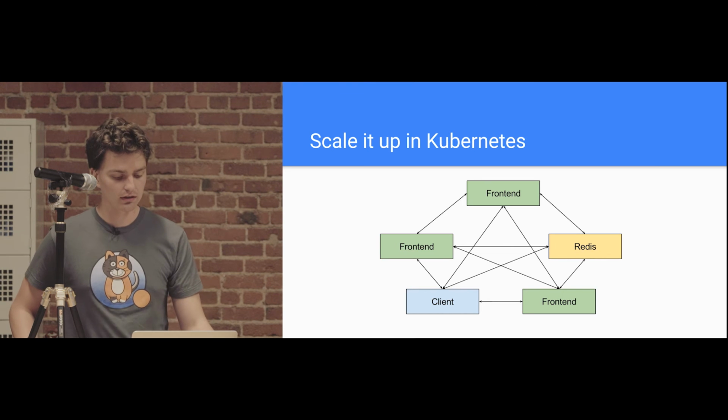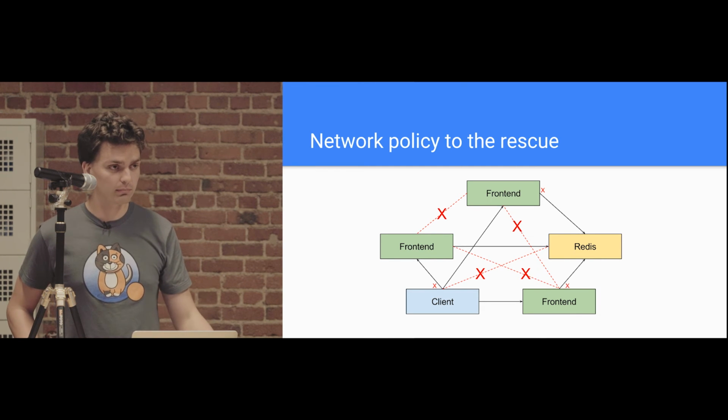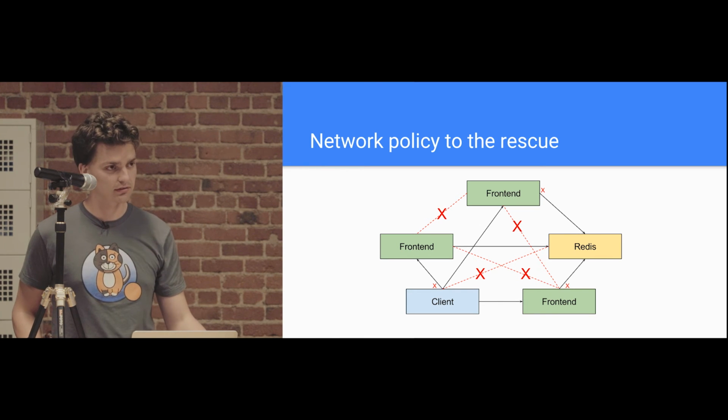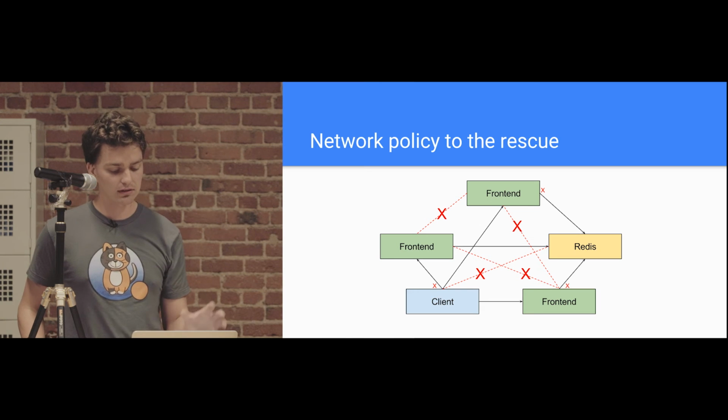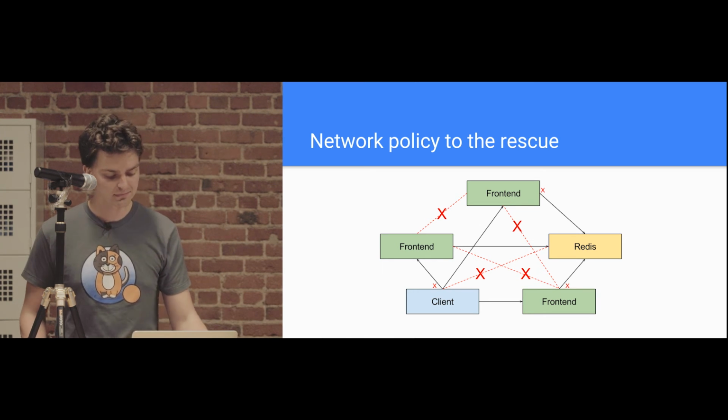So we've got a bunch of connections here that aren't useful for our application. We want to trim them down. And this is where network policy comes in. Kubernetes exposes a network policy API that allows you to declare this style of network policy directly through Kubernetes, provided your networking solution supports it.